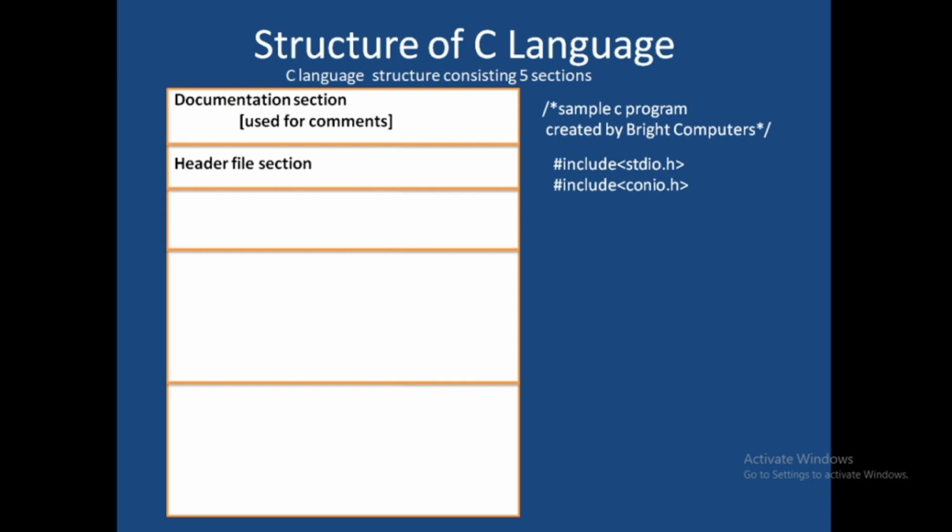We have to choose the header file that contains the function we need, in the header file section. Only then will that function be executed. For example, stdio.h has input output functions like printf, scanf, getc, putc, which we can use in our program.